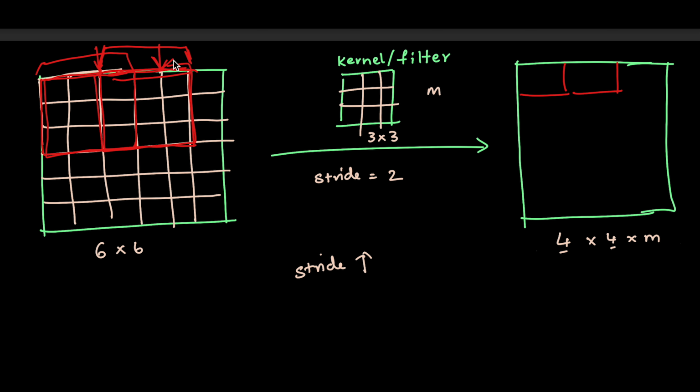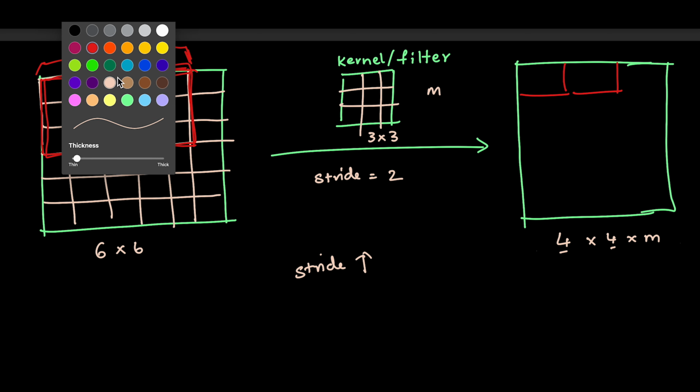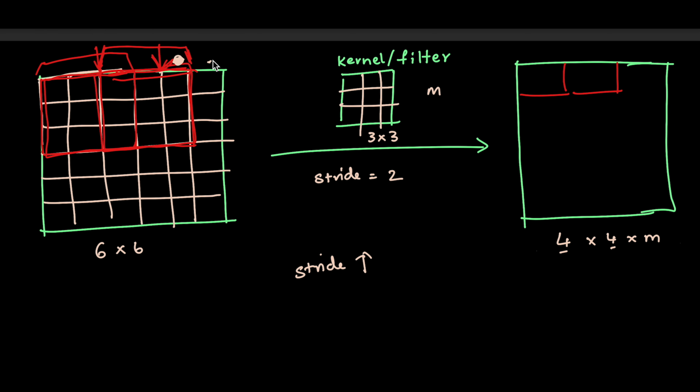But if you start from here, can you cover 3 columns? If you carefully observe, we can only cover this column and also we can cover this column. But third column is not available. But the kernel size is 3 cross 3. Here there are only 2 columns available. As the third column is not available, we will not be able to perform the convolution operation. So this column will be left out. So we'll not be doing any operation on this.